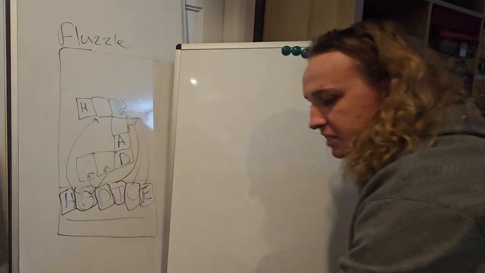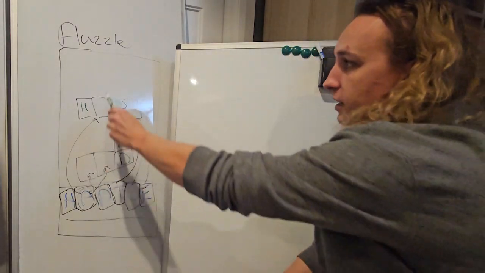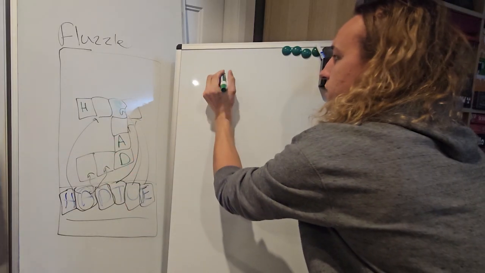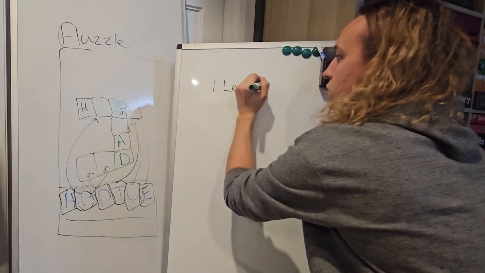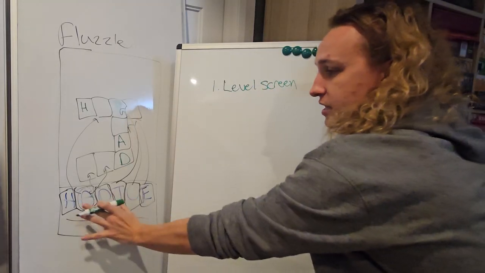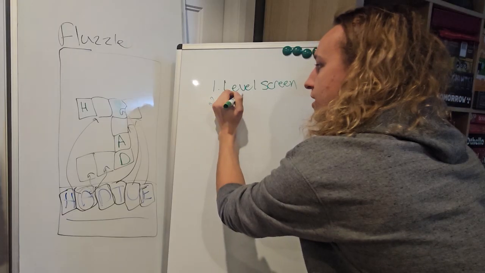So I see here we've got the main game screen. So we've got the level screen. We have the portion of the screen down here where we have the word bank.